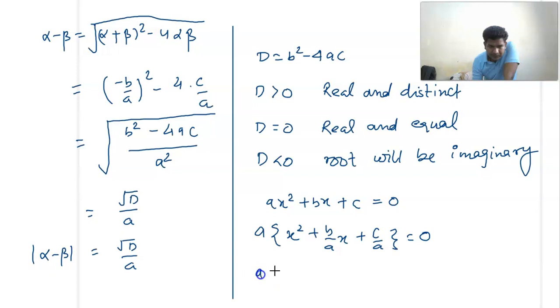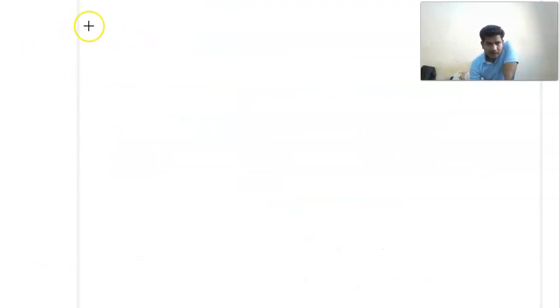So we can write this equation as a into x square minus alpha plus beta, taking the minus common because of minus b by a, so here x square minus alpha plus beta into x plus alpha beta. So it is our equation in the form of alpha plus beta and alpha beta. So if we have the given alpha and beta of any equation, we can find out that quadratic equation.